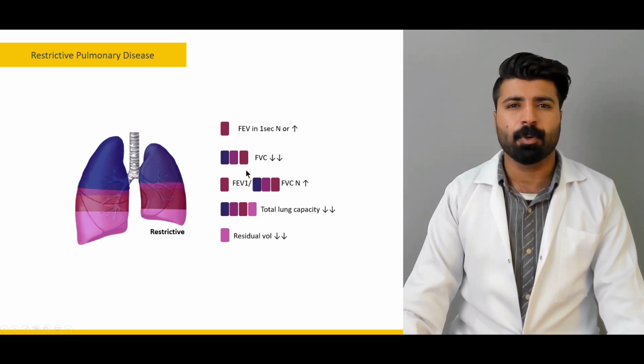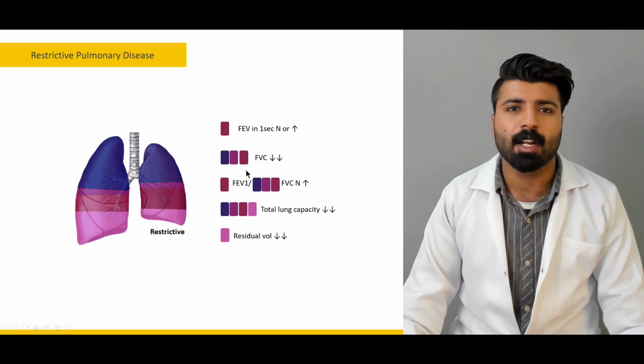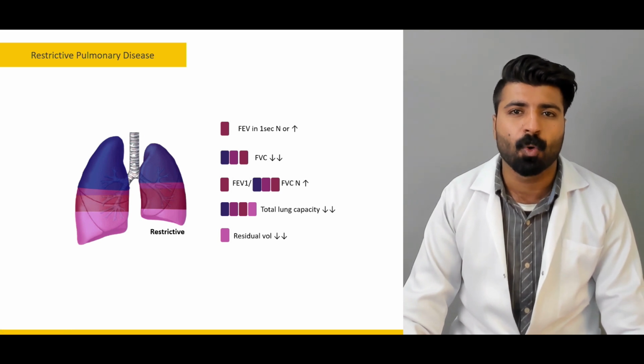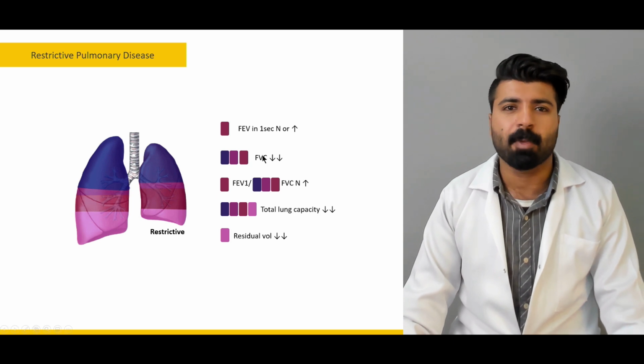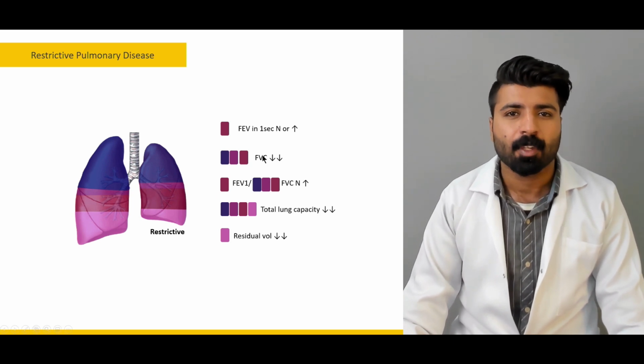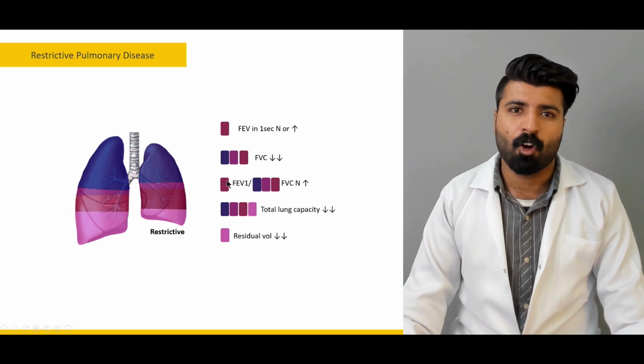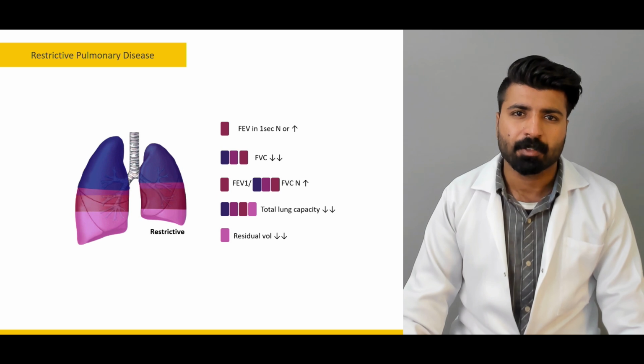You will be amazed to know that the first second contains 80 to 90% of the whole air expired. Meaning maximum FVC can be 5 liters. Out of those 5 liters, 4 liters comes out in the first second. So FEV1 is actually 4. And all the 4 or 5 seconds afterwards contain only 1 liter.